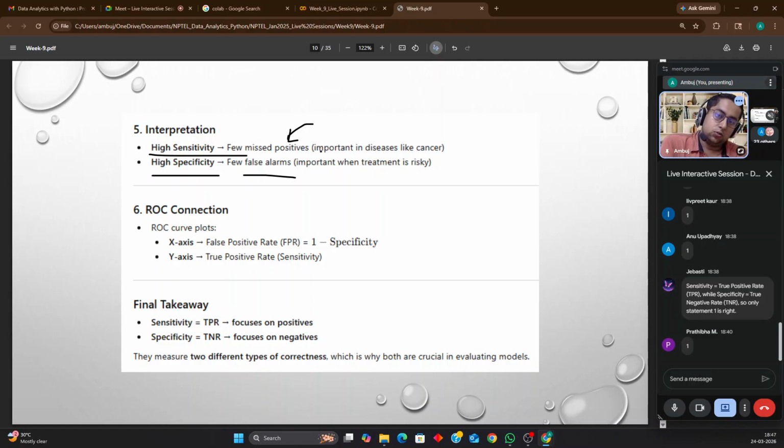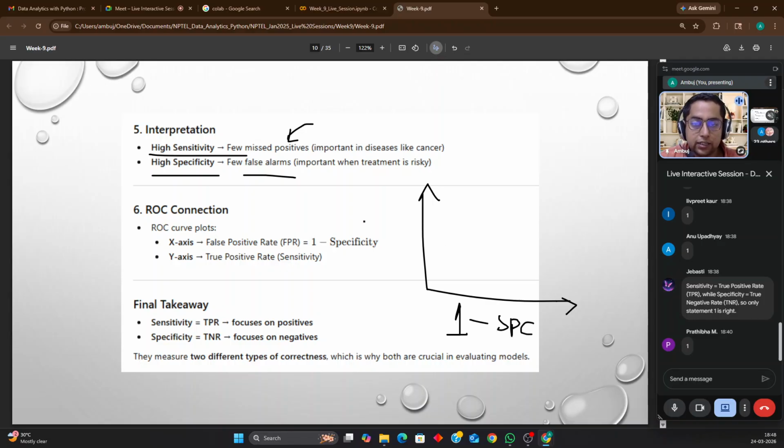So, the ROC connection: the ROC curve plots, on the x-axis, you will be having FPR, false positive rate, that is 1 minus specificity. And on the y-axis, you will be having true positive rate, that is sensitivity. In case of your ROC, on the x-axis I will be having 1 minus specificity, and on the y-axis I will be having sensitivity.